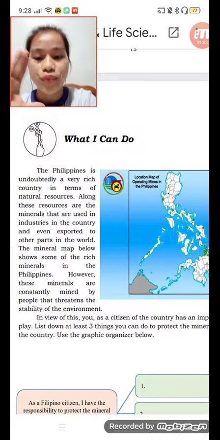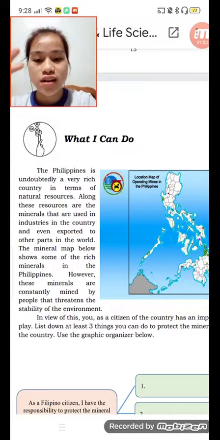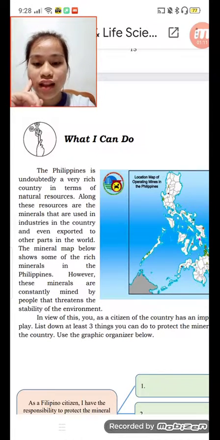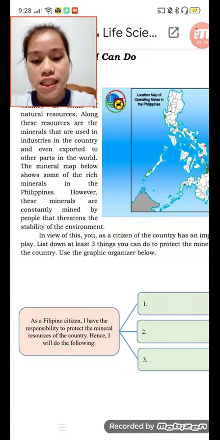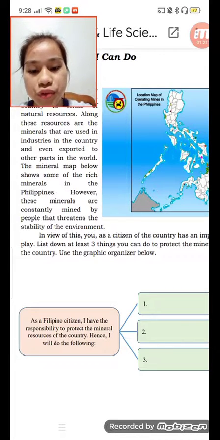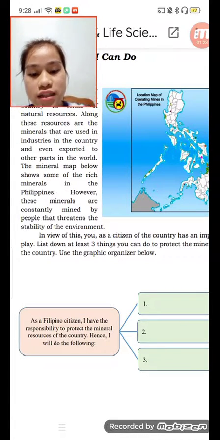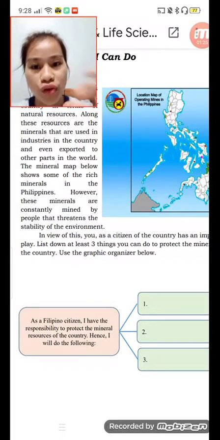The mineral map below shows some of the rich minerals in the Philippines. However, those minerals are constantly mined by people, which threatens the stability of the environment. As a Filipino citizen, I have the responsibility to protect the mineral resources of the country, hence I will do the following.